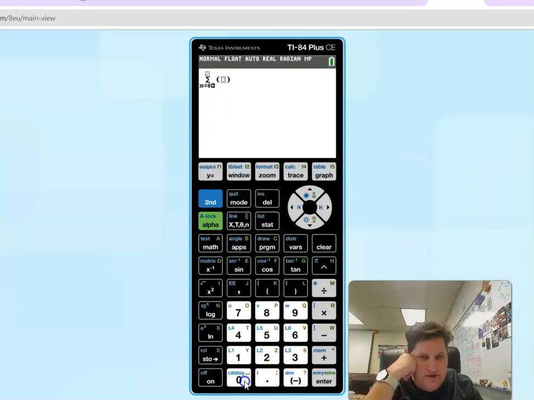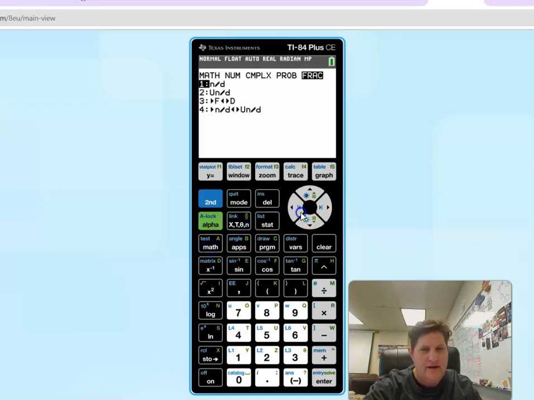So I'm starting at 0, I am going up to 10, and I'm going to make a fraction by going alpha y equals fraction, and it is, let's see here, n over n factorial.